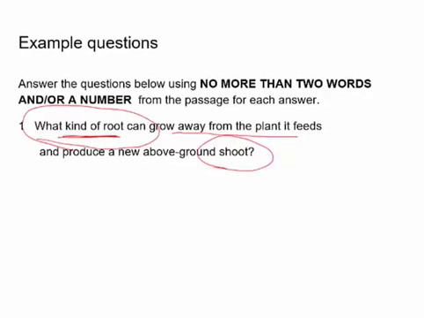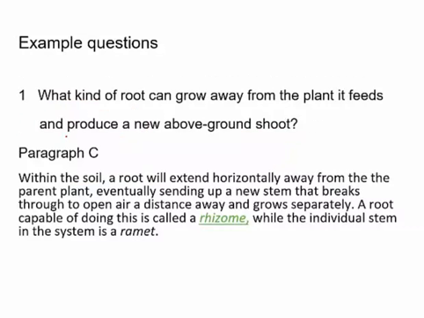Okay, so hopefully you found that in paragraph C. Let's look at paragraph C down below and look at how it paraphrases this idea and provides us the correct answer, which is rhizome. So it says, "Within the soil, a root will extend horizontally." Okay, extend horizontally away. There's our idea of growing away from the parent plant, or a paraphrase there again, the plant it feeds, right?